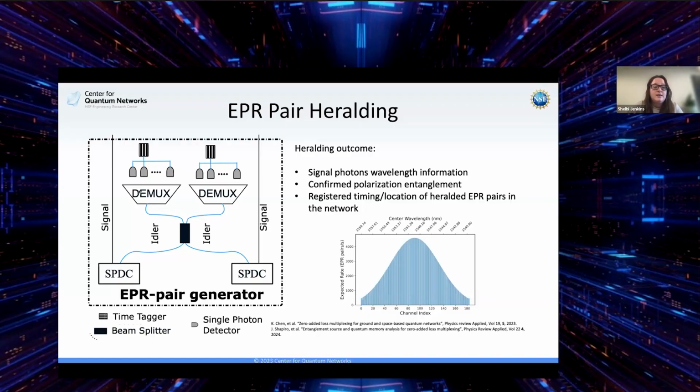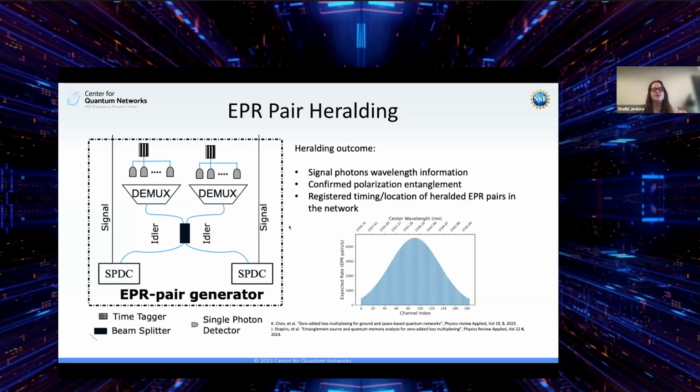If we send this through this DMUX, which has all 180 channels, and on both arms we get the same wavelength detected at the same time, then we can backtrack because there is a relationship between the wavelengths of our signal and idler photons. So if our idler photons are of the same wavelength, we know our signal photons will be the same wavelength as well.